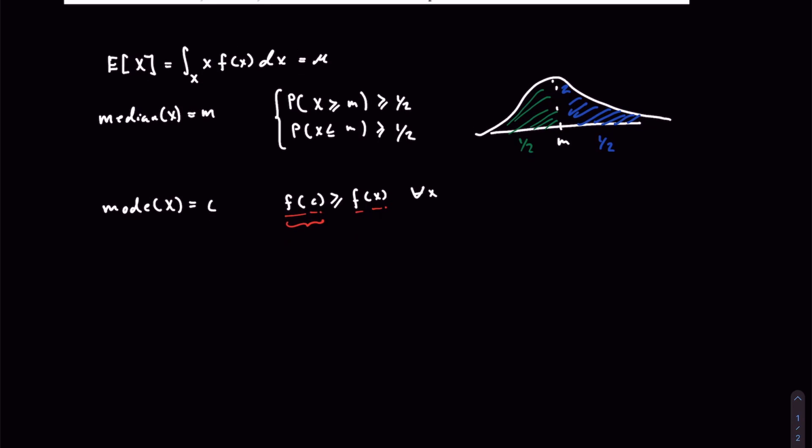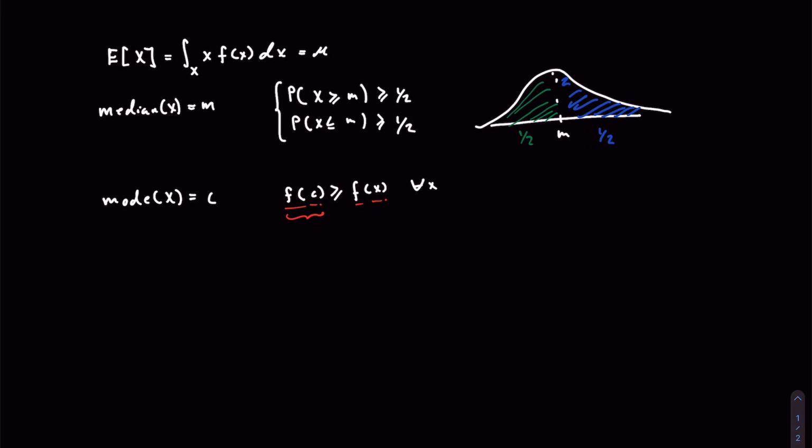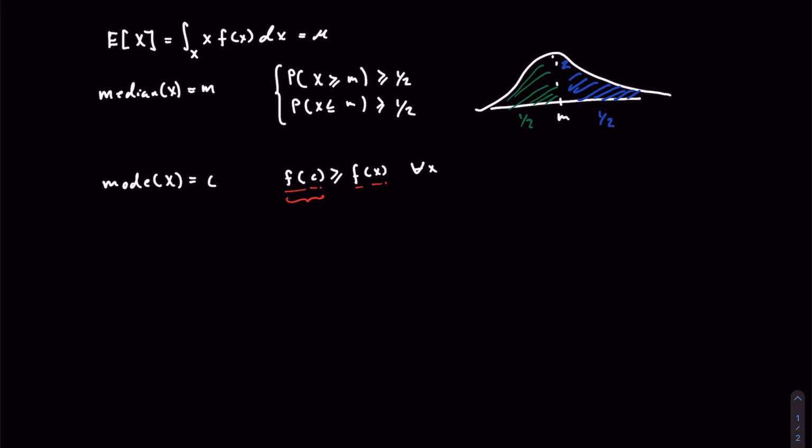Okay, so these were some definitions, and we're also given information that x is symmetrical about mu. Well, what does symmetry mean?